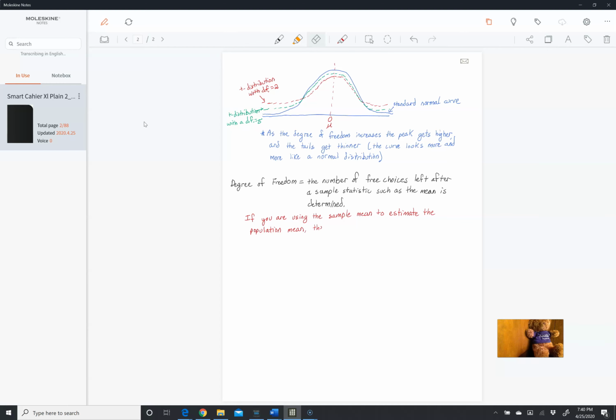Then the degree of freedom, and again, we abbreviate this as DF, is equal to N minus 1. And remember, N is your sample size.